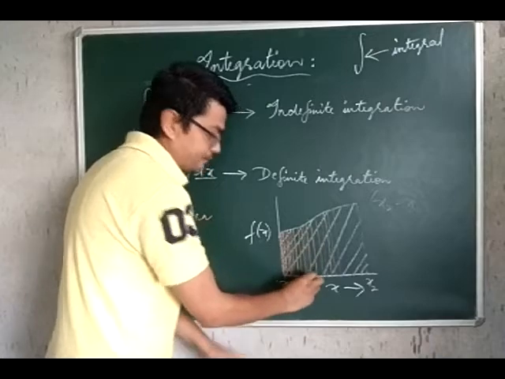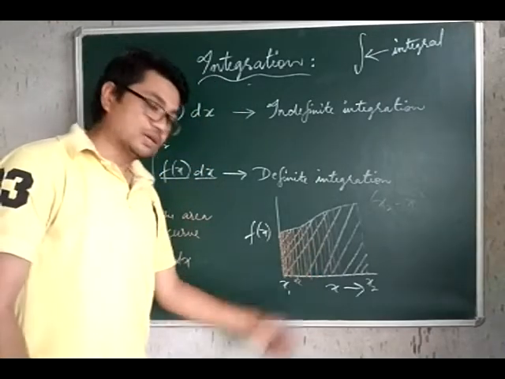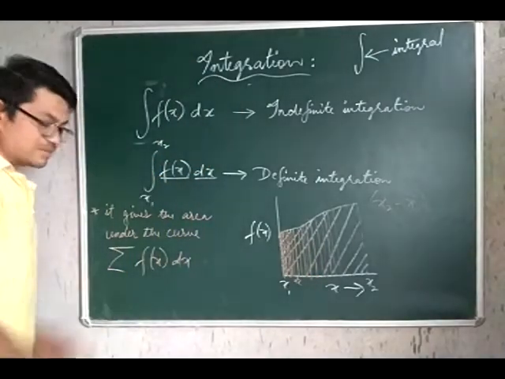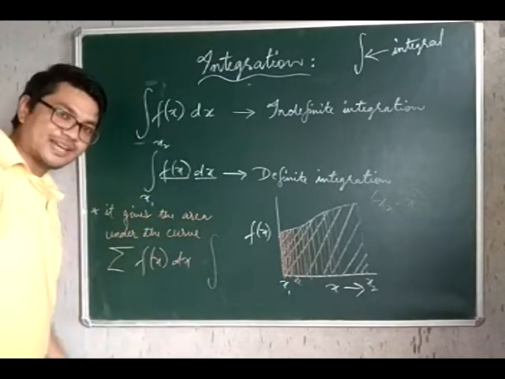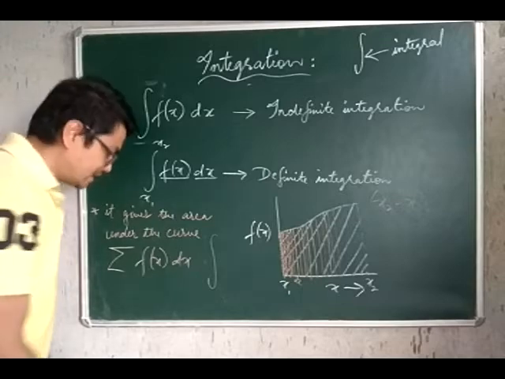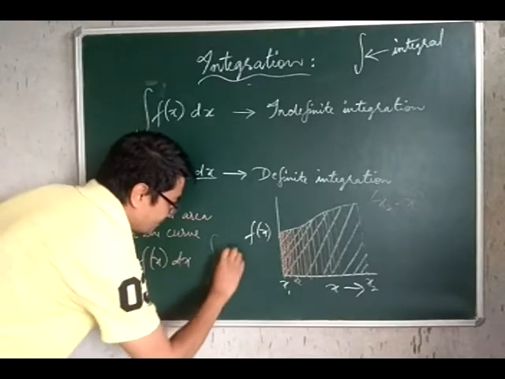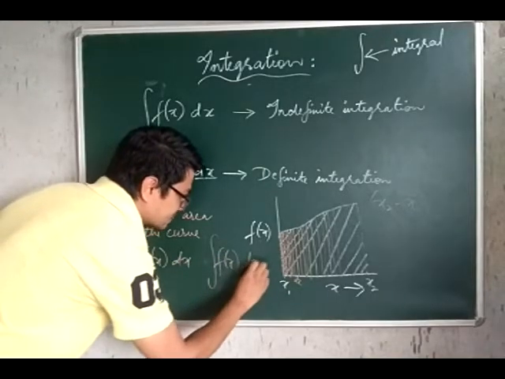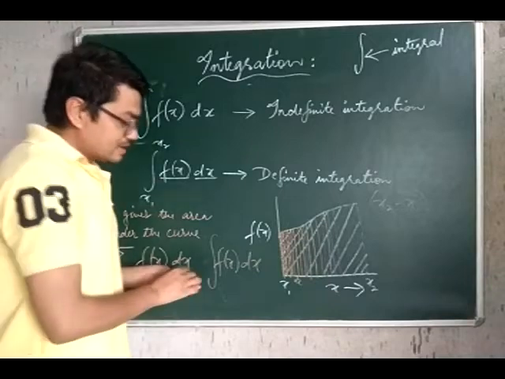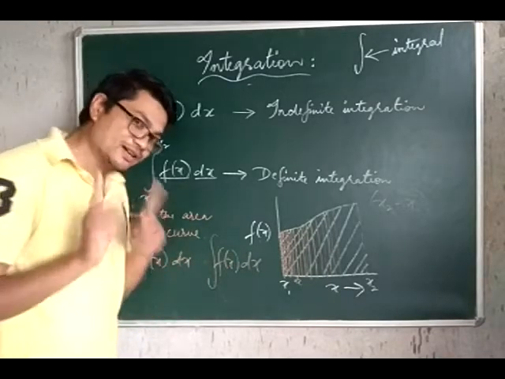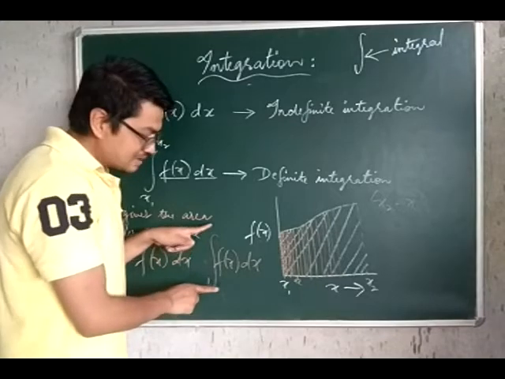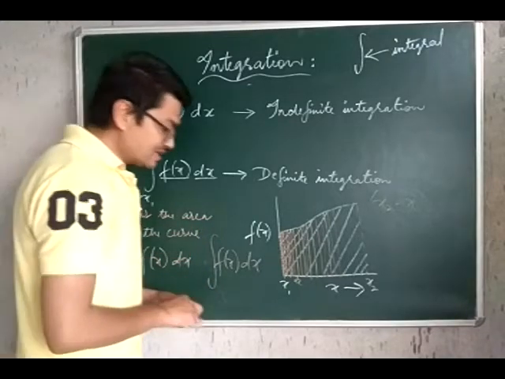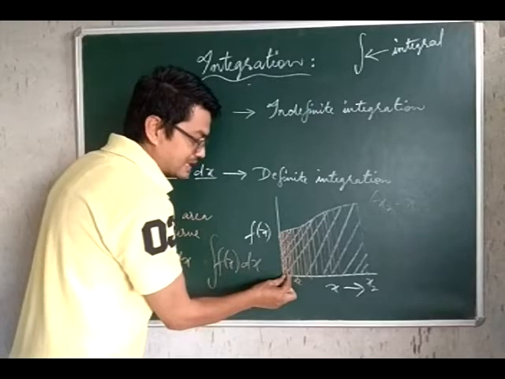Then this summation is represented by this sign, the integral sign, and we write this as the integral of f of x dx. So here comes the word summing up. Integration means we are summing up the area, we are summing up small f of x dx.